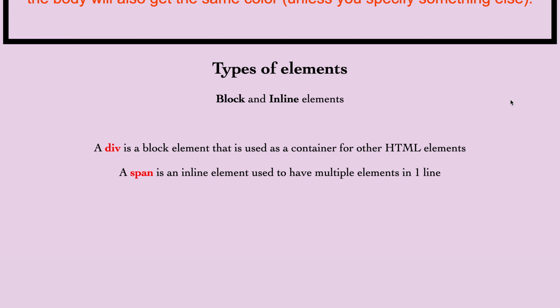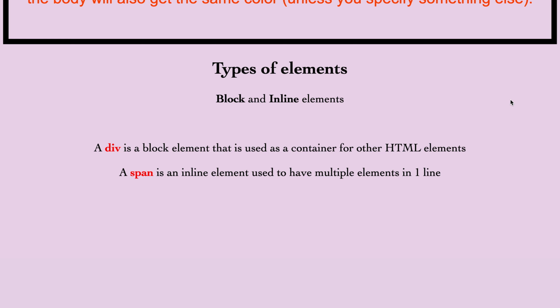So a div is a block element that is used as a container for other HTML elements. Div basically stands for division, which is essentially an element that allows you to separate your website into different parts. And then by using this, you can actually style all your elements all in one container. So I'll just show you that in a second.